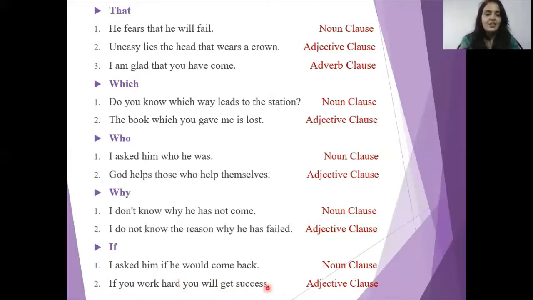And here you can judge: this success is possible with hard work, right? So this clause is qualifying success here.